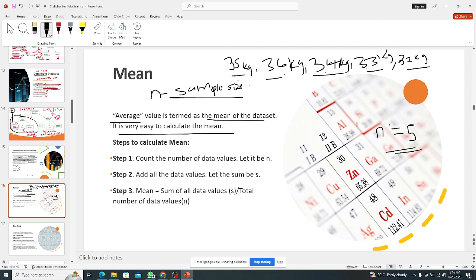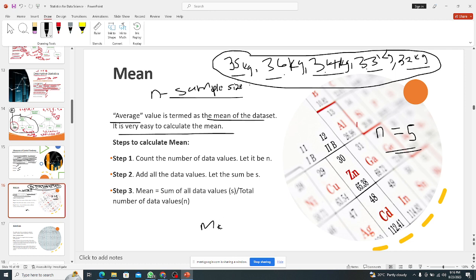Then for us to get the mean, we have to add all these weights and then divide by 5. So the mean of our weight will be equal to the summation of all the weights w_i, divided by n.